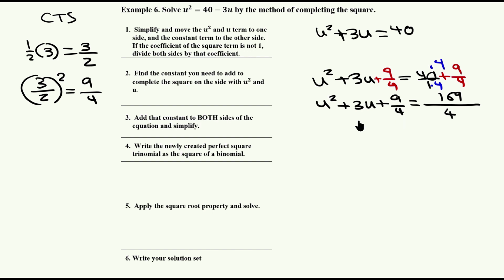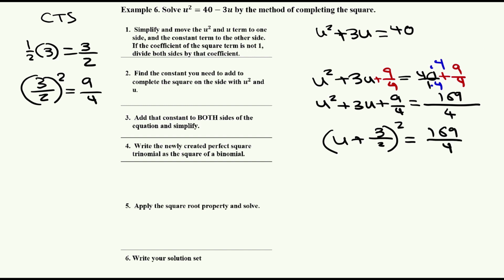So now we're going to go ahead and write this perfect square trinomial and rewrite it as the square of a binomial. And of course, that's going to be u plus whatever we got in step 1, always 3/2, squared equals 169/4.